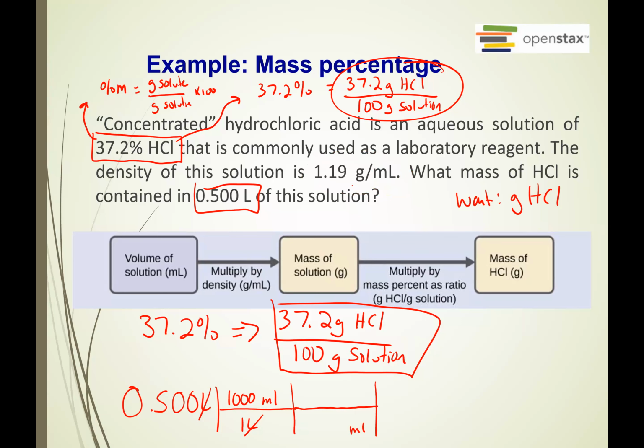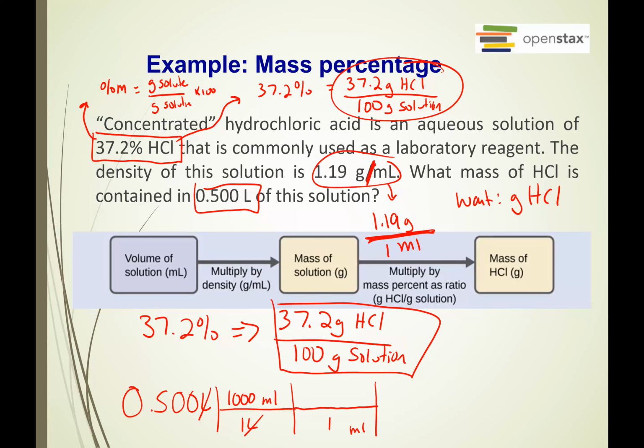Well, now we've got milliliters. So remember this 1.19 grams per milliliter, this line here, I'm going to rewrite this for you. It's the same thing as this: 1.19 grams per milliliter. That is the exact same thing, because this line is this line. And if you want to put a 1 there, you can put a 1 there. Some people are like, I don't like it without a 1.